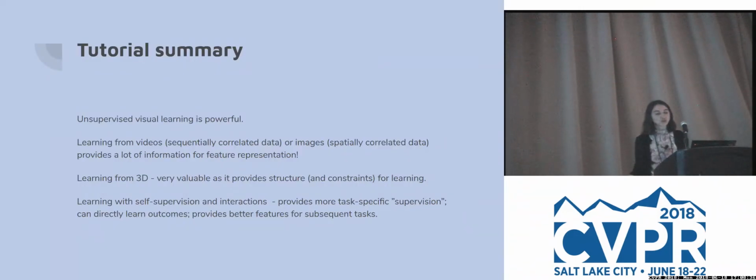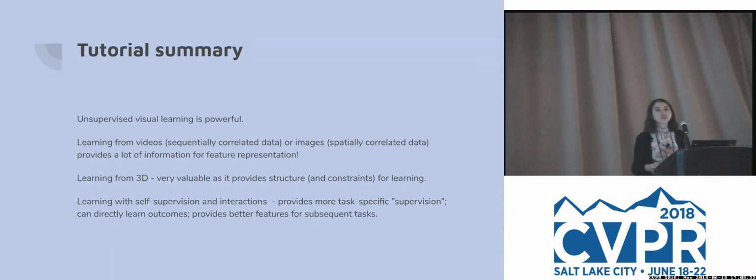In summary from our tutorial, we hope that we've managed to convince you that using unsupervised learning is useful and very powerful, and that you can use it in various ways, on images or videos.